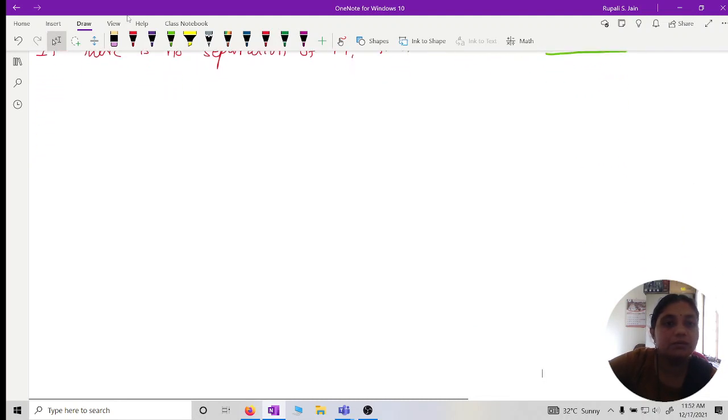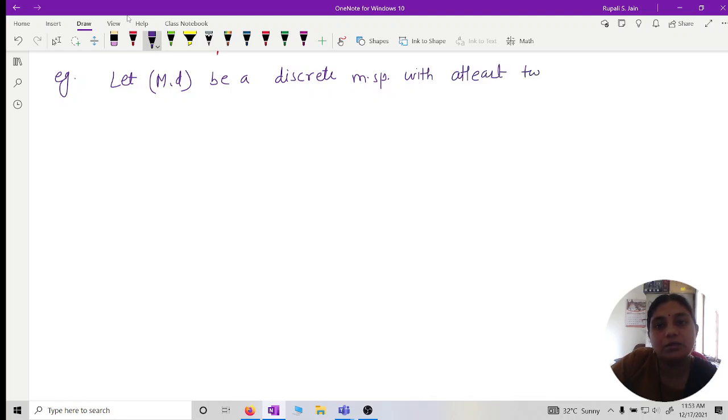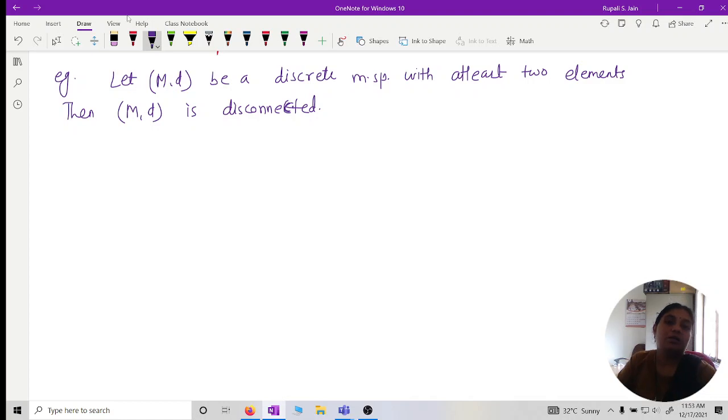For example, let (M, d) be a discrete metric space with at least two elements.